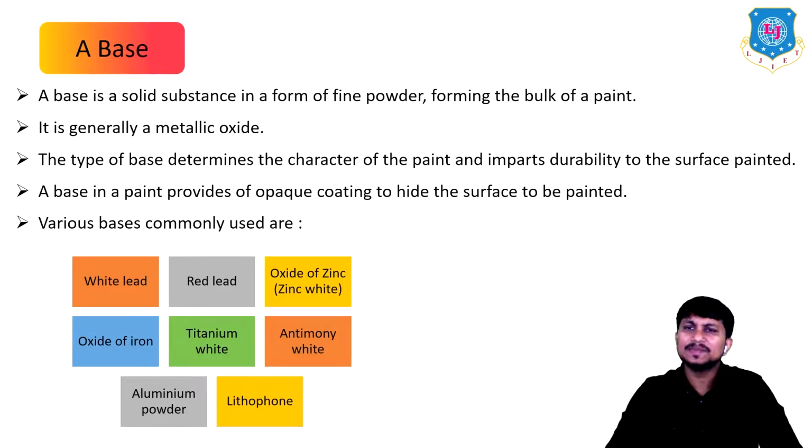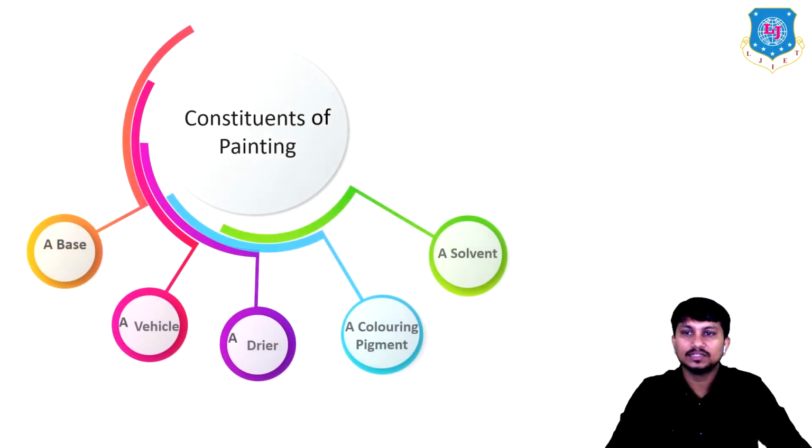Various bases are commonly used nowadays, like white lead, red lead, oxide of zinc or zinc white, oxide of iron, titanium white, antimony white, aluminum powder, lithophone, etc. These are the various types of base material you can use to form a solid substance on the wall. That's all about the first constituent, the base.